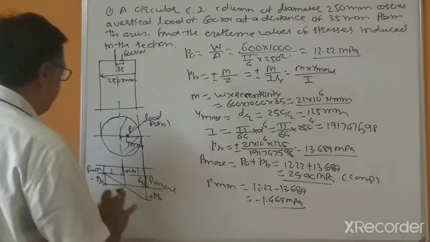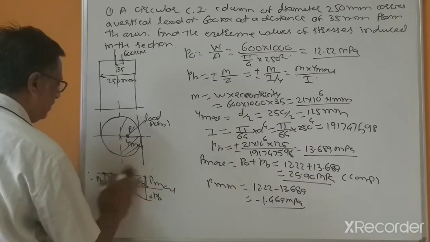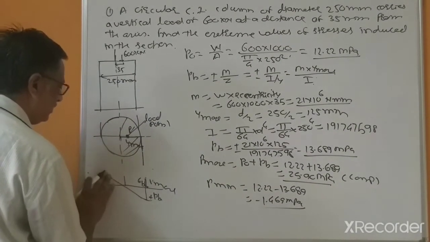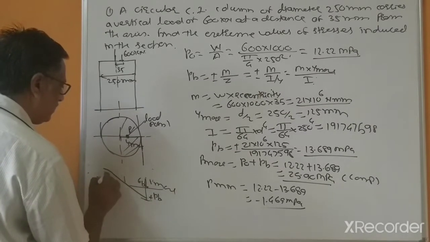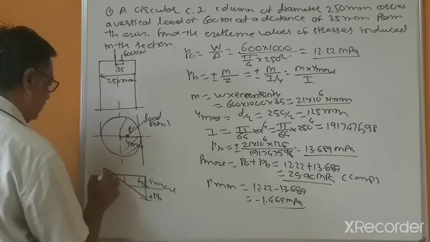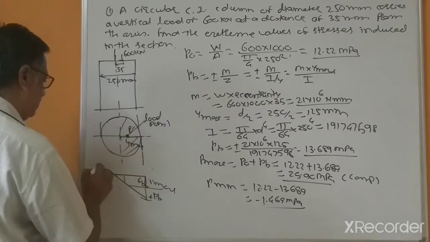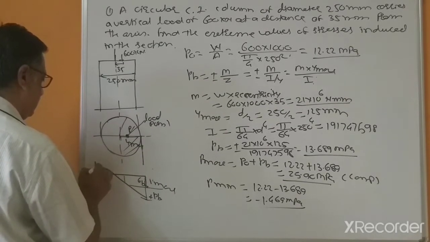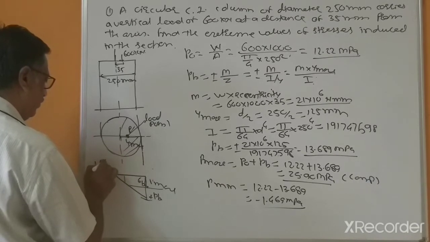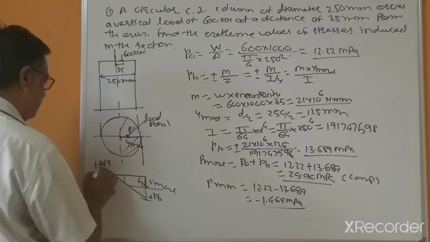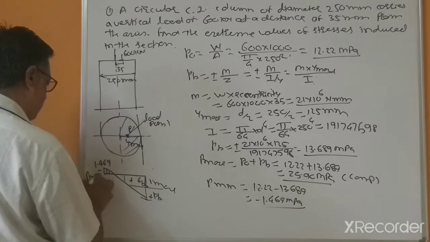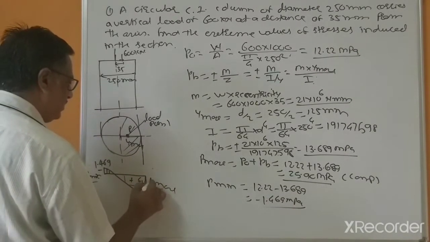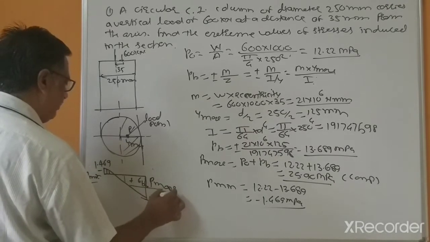This is minus, so in this case you will get such a type of stress diagram. This is 1.469, negative on one side and positive on the other, minimum and maximum.